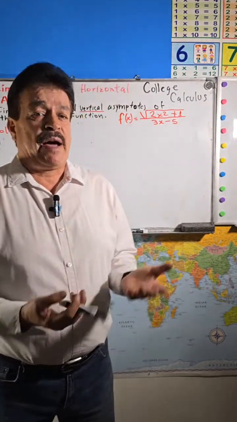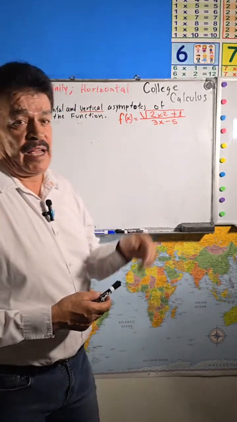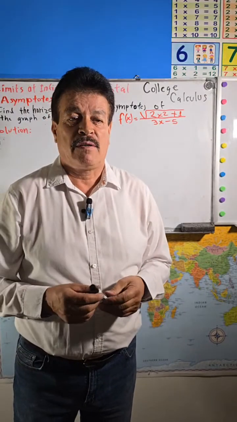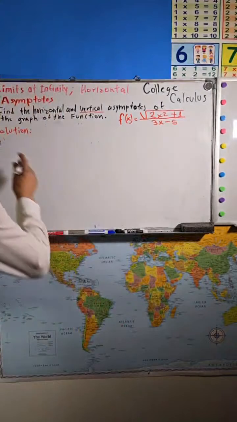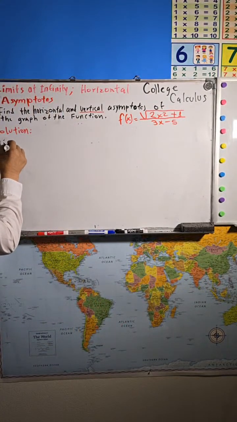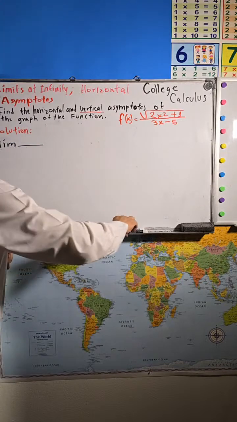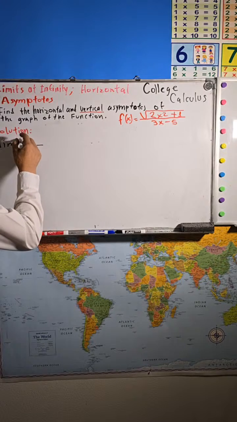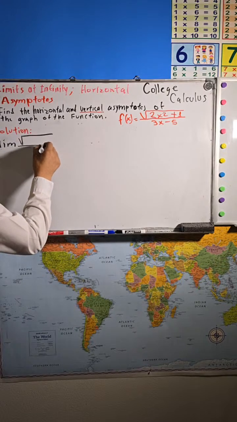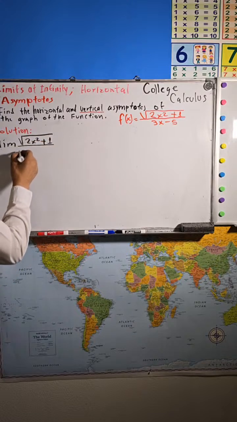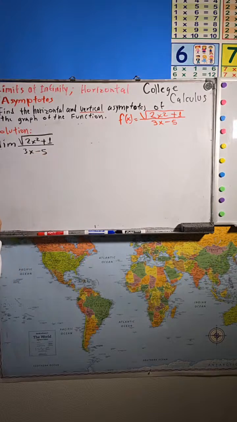So you divide both the numerator and the denominator by x, using the properties of the limit. We will have the limit of the square root of 2x to the second power plus 1, divided by 3x minus 5, when x approaches infinity.